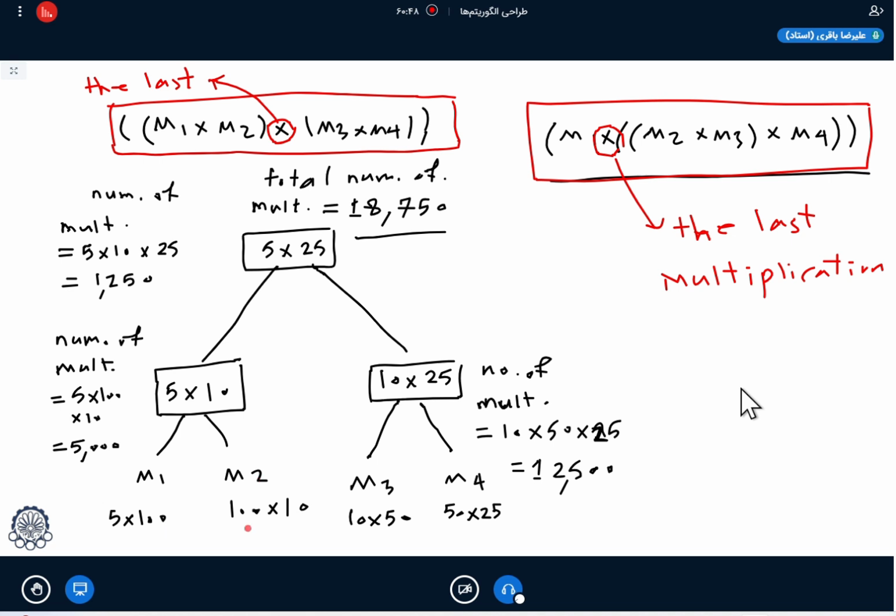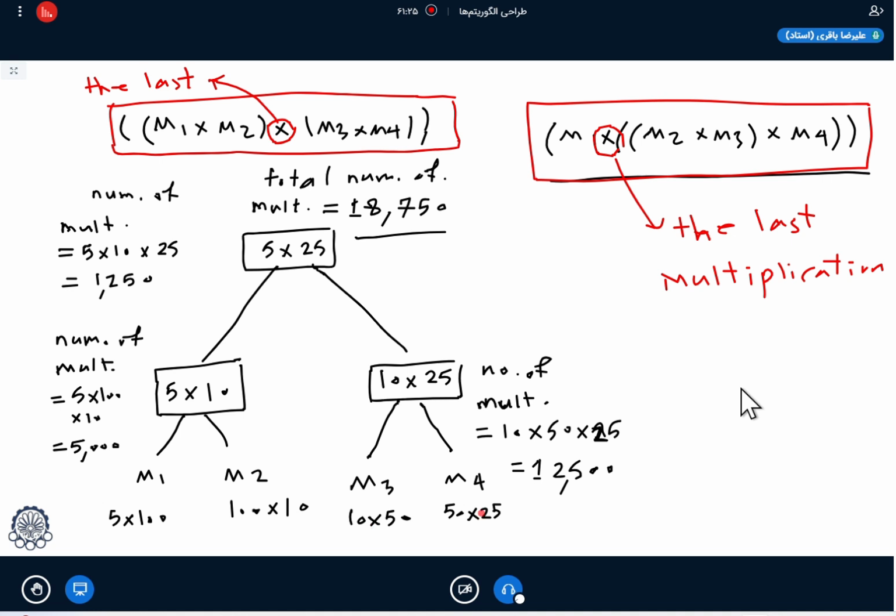M2 has 100 rows and 10 columns. When these two matrices are multiplied, the result is a matrix that has 5 rows and 10 columns. 100 is omitted in the result, but the number of multiplications done is 5 multiplied by 100 multiplied by 10.